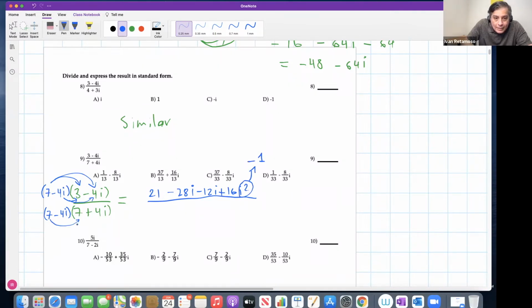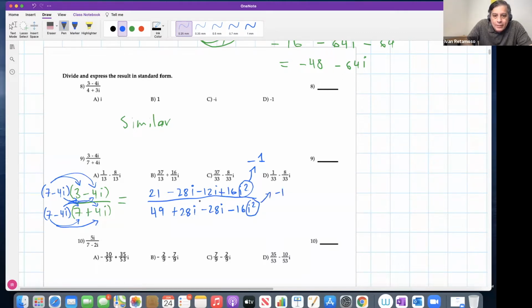On the denominator, 49 here first, then 28i, 28i, but now negative, right? And negative 4i times positive 4i is minus 16i squared. i squared again, negative 1.